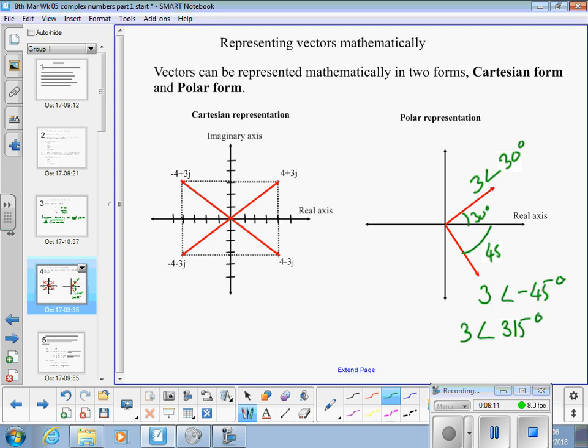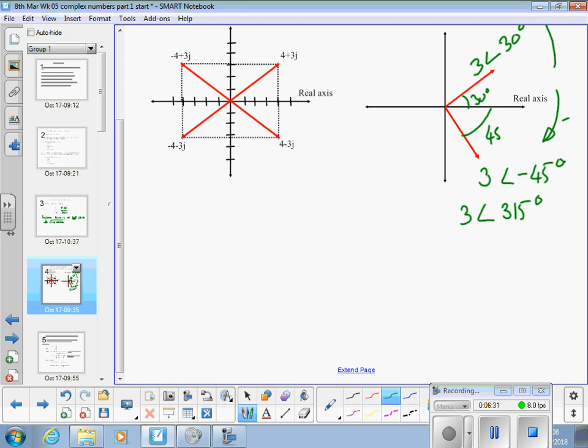Positive angles go that way. As a note, if these are amps, say, that is 3 amps angle minus 45.